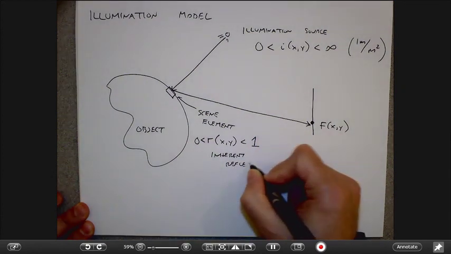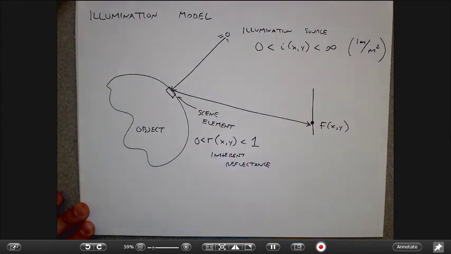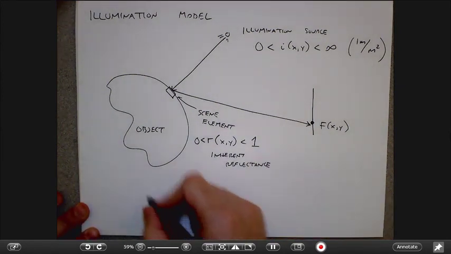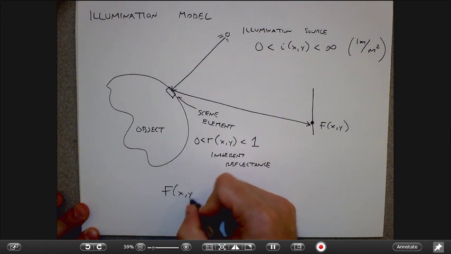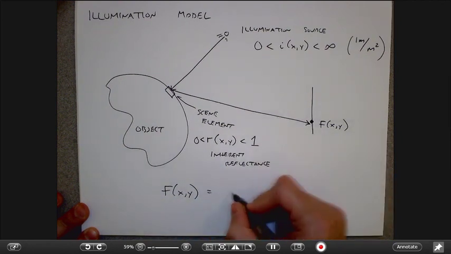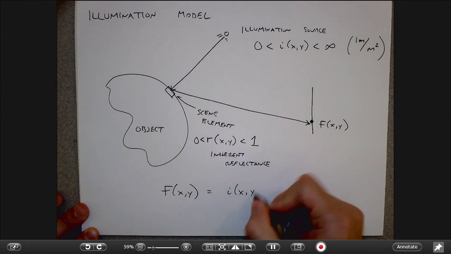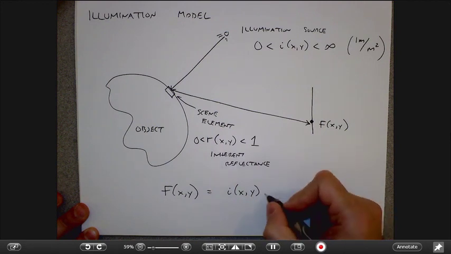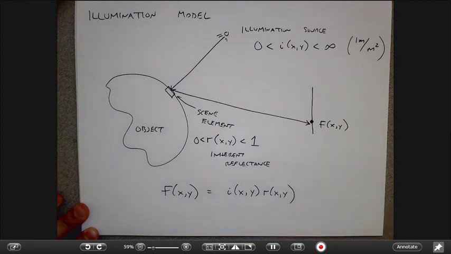That basically is a measure of how shiny the object is. And then fundamentally, what I receive at this point on the sensor is the product of the illumination source and the reflectance.